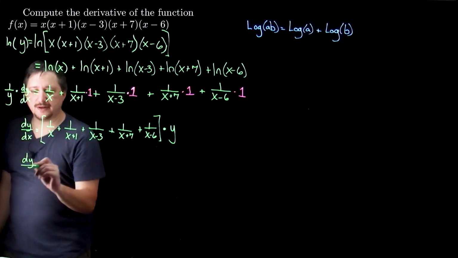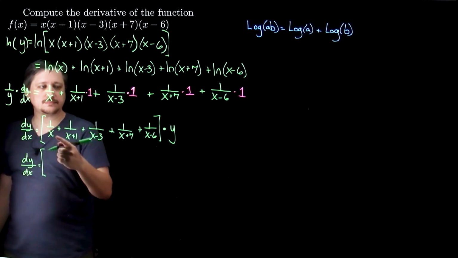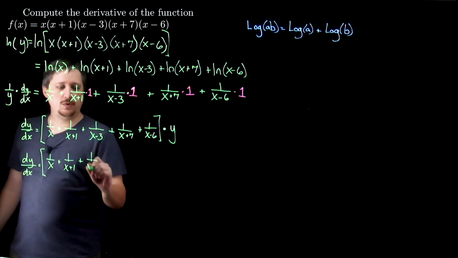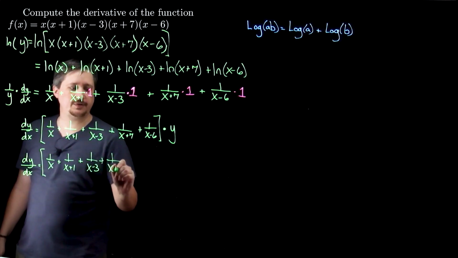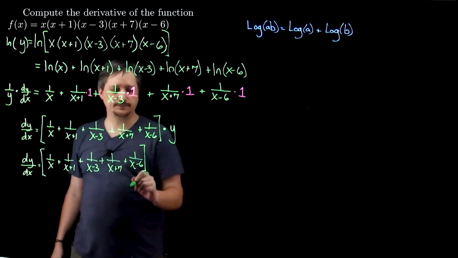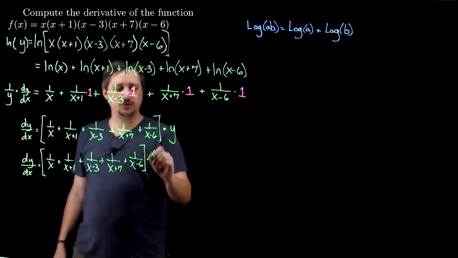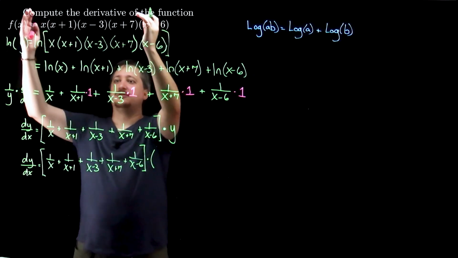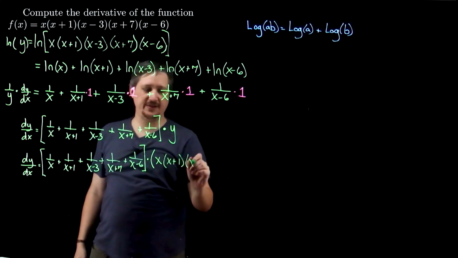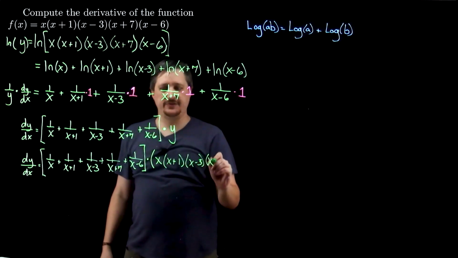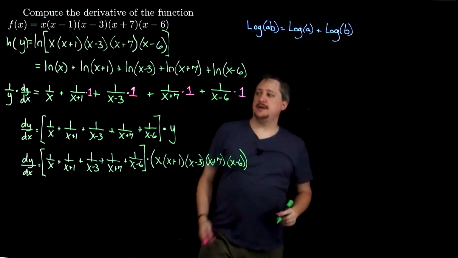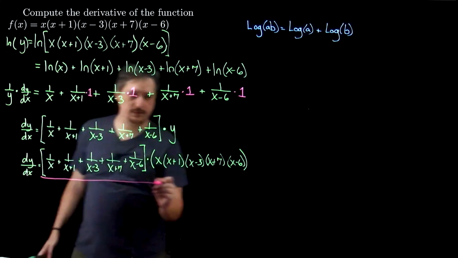So in particular, I get dy dx equals this thing, 1 over x, 1 over x plus 1, 1 over x minus 3, 1 over x plus 7, 1 over x minus 6, all of that stuff still, times what y was, which was all the stuff up here, so that's x times x plus 1 times x minus 3 times x plus 7 times x minus 6. Now this is indeed my final answer.